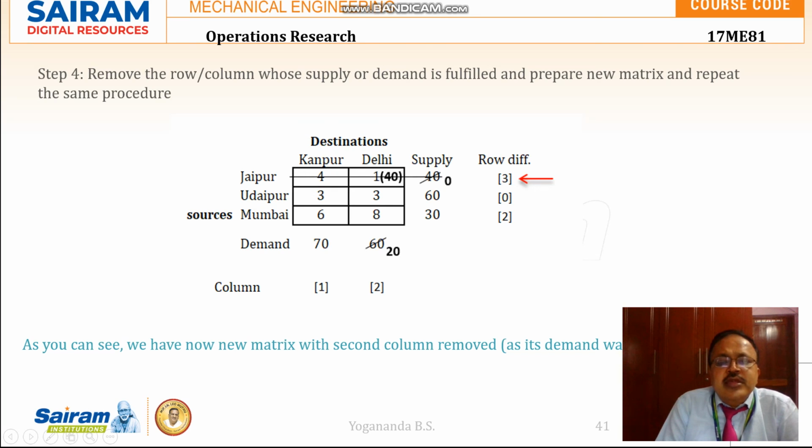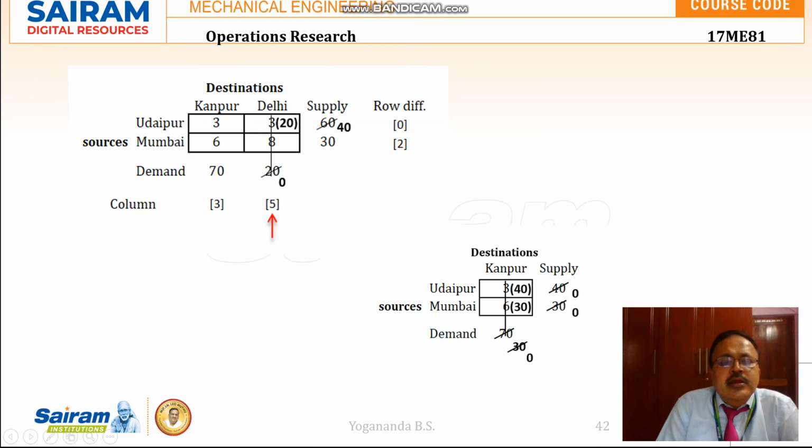So 3 is the maximum penalty. So take that particular row, that is Jaipur. Take the lowermost cost here. Out of 4 and 1, 1 is lowermost cost. So allocate to it. So take the lower of the corresponding demand and supply, allocate to it. So like this, we keep on reducing the table until all the assignments are made.